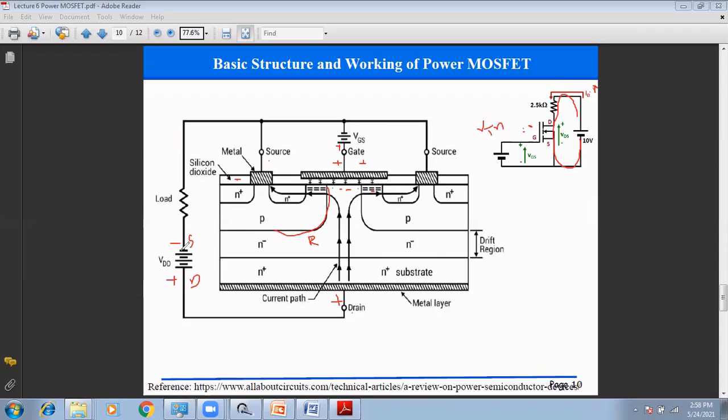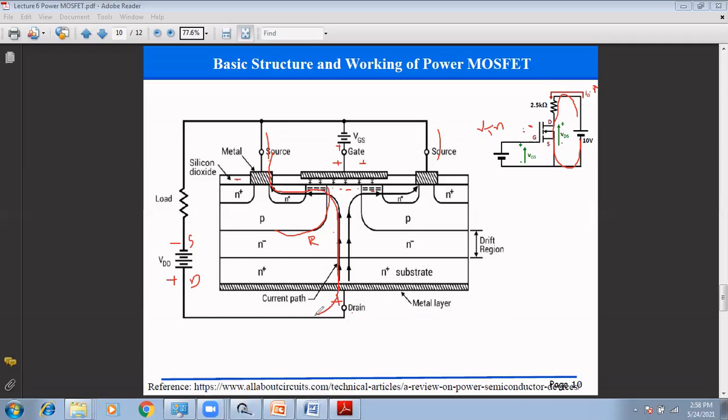And when we apply the VDS voltage, suppose these electrons enter into the source terminal from this side and from this side. Again they go through the N type semiconductor, then the path of the inversion layer, and again the N type semiconductor. That means the majority charge carrier is the electron.